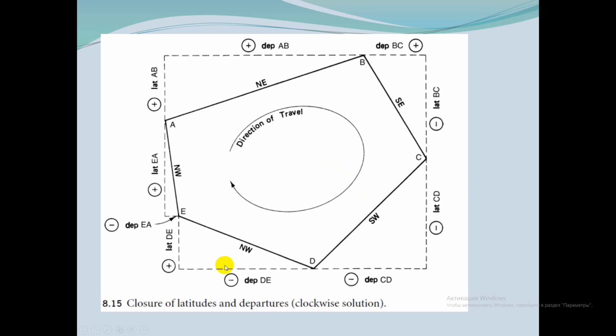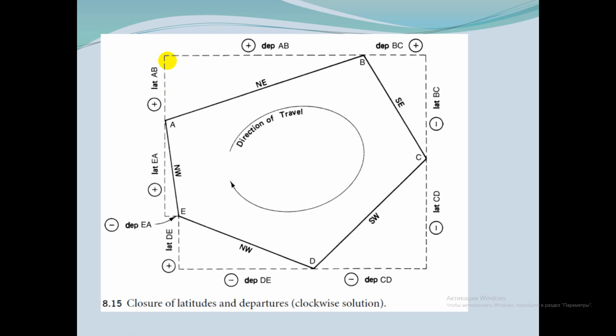Latitudes DE, EA, and AB are all positive and should precisely equal.